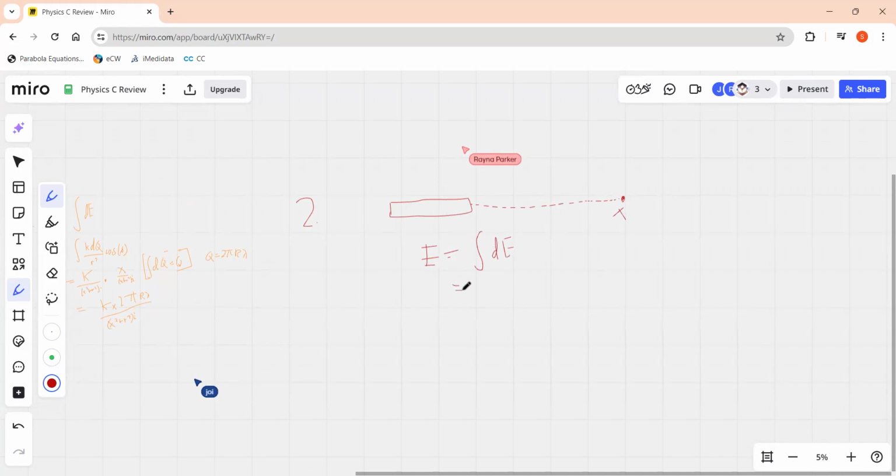Then that's equal to integral k dq over r squared.